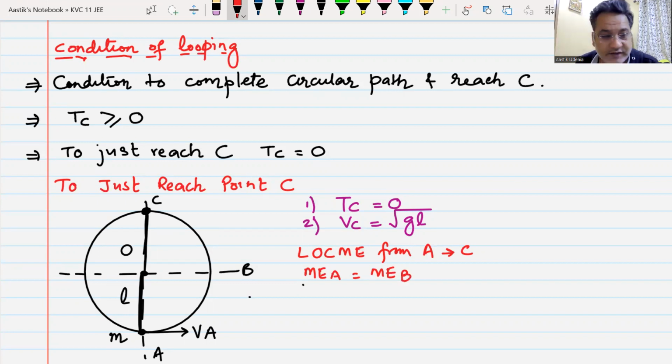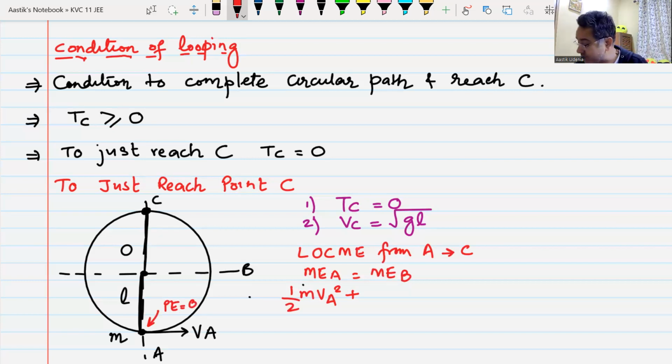Mechanical energy at point A will be equal to mechanical energy at point C. So kinetic energy at point A will be equal to half m into VA square. Potential energy at this point, I will take it as 0.